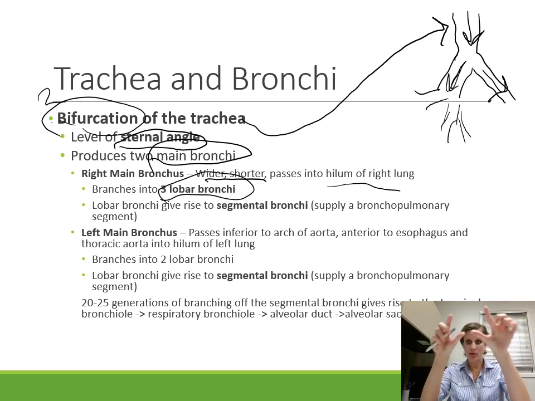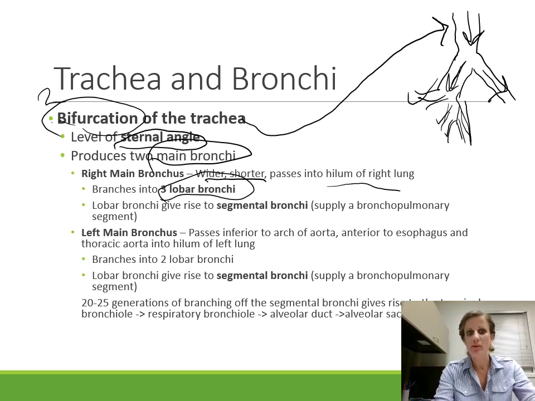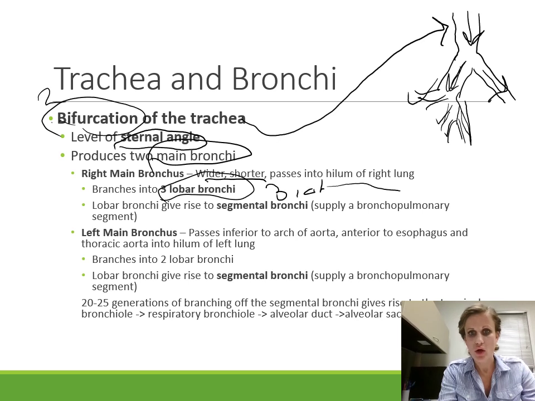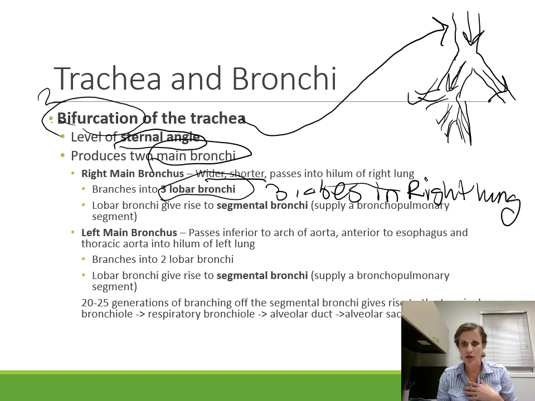So we have main bronchi, and then those branch to give us lobar bronchi that go to each of the lobes. Remember, the right lung has 3 lobes. So it makes sense that we would end up having 3 lobar bronchi to go to each of those lobes.